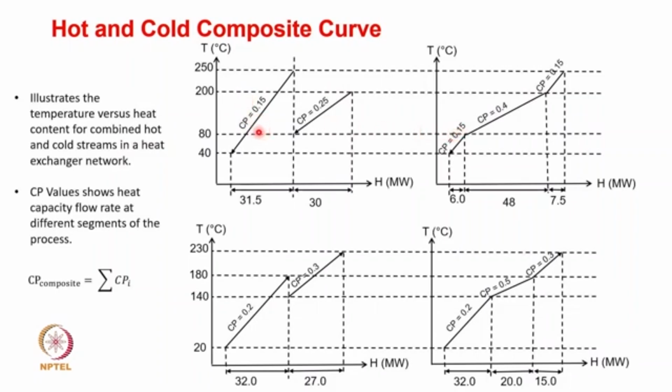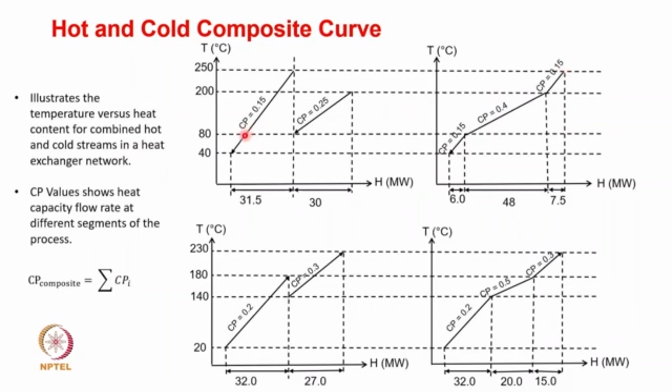Up till 200, they go together, with of course a different slope because their CPs are different. And from 200 to 250, again the first stream remains, with a CP of 0.15.